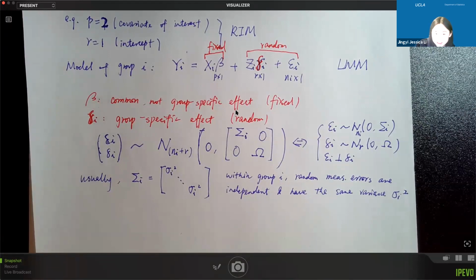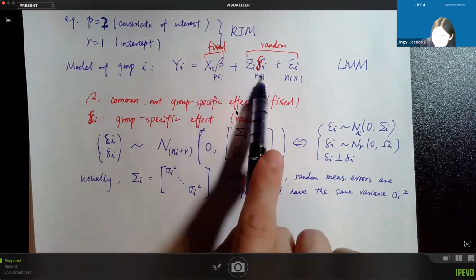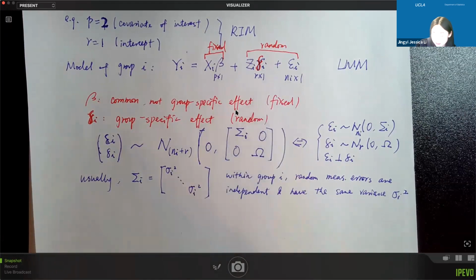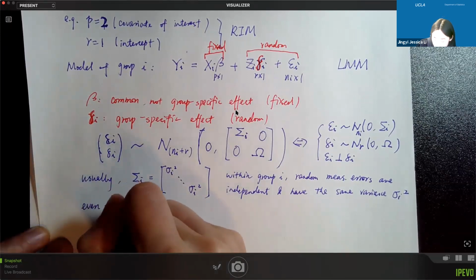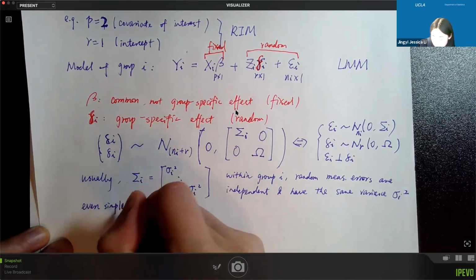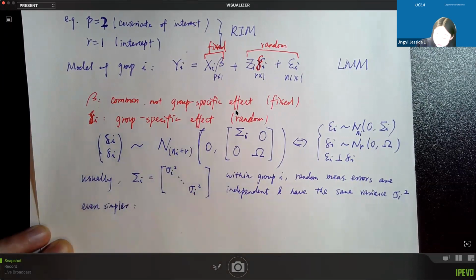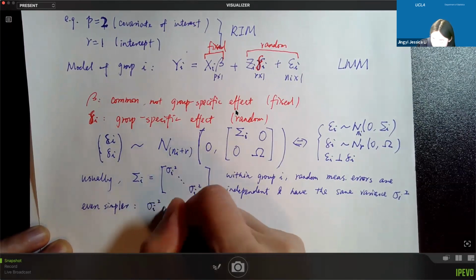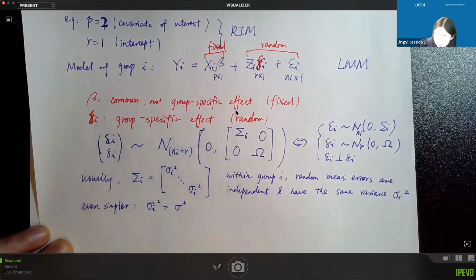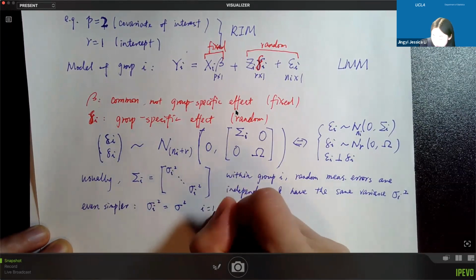So if you cannot afford to estimate delta_i well, then it is likely you cannot estimate sigma_i squared well either. So if you don't have really many data points in your group i, then even simpler, you may assume that the sigma_i's are all equal to a common sigma squared for all the i's, i from 1 to m.